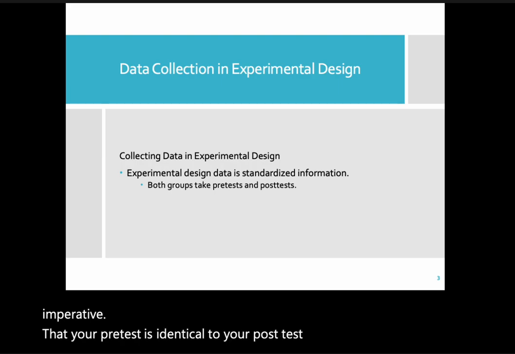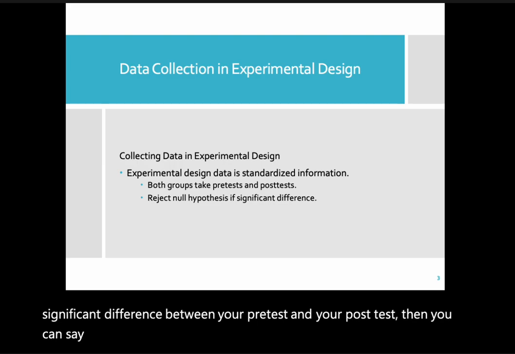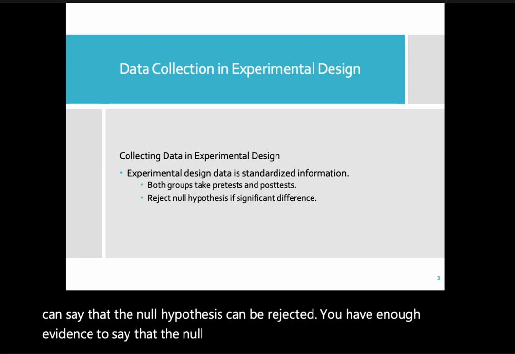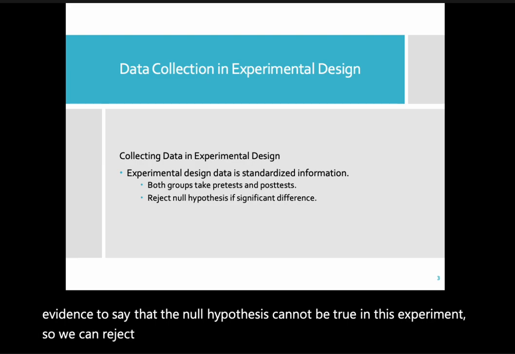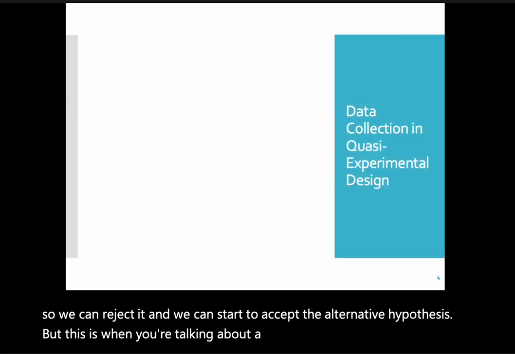If there is a statistically significant difference between your pre-test and your post-test, then you can say that the null hypothesis can be rejected. You have enough evidence to say that the null hypothesis cannot be true in this experiment, so we can reject it and we can start to accept the alternative hypothesis.